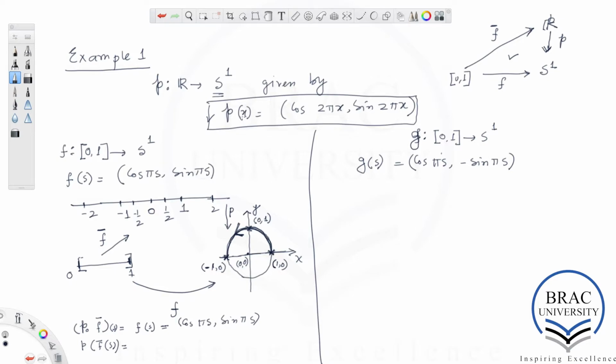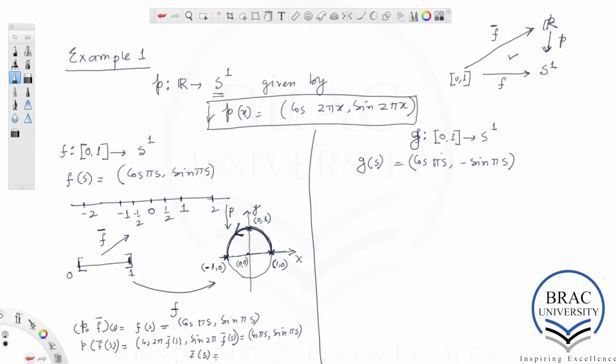You just replace x with f bar of s to have cosine 2 pi times f bar of s, comma sine 2 pi times f bar of s, and that is going to be equal to cosine pi s, comma sine pi s.